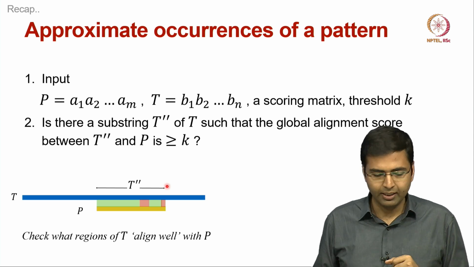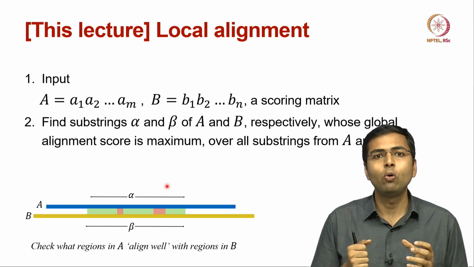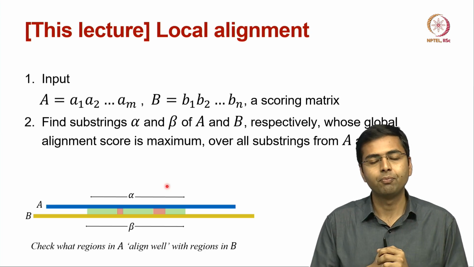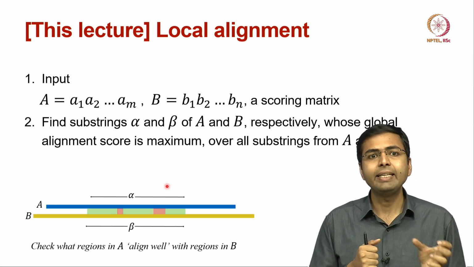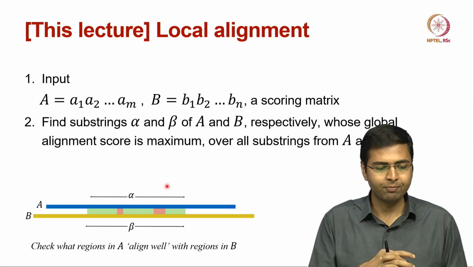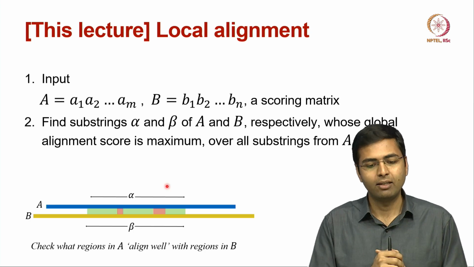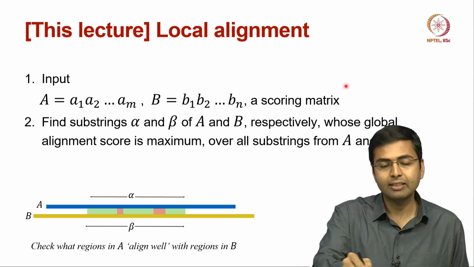So, that is good. Then for this lecture what we are going to do is look at the local alignment concept. The key difference between local alignment and the previous alignment versions is the following. Again we are given two sequences A and B. We also have a scoring matrix given to us.